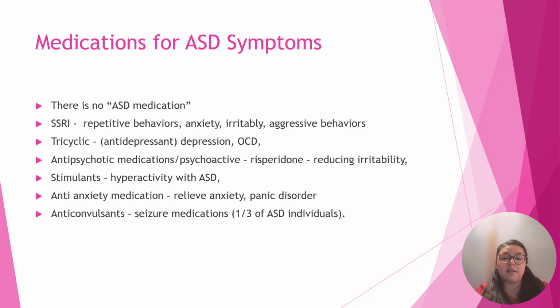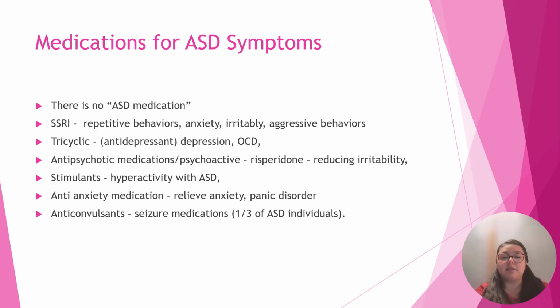Medications for autism spectrum disorder are more for the symptoms. There's not an ASD medication like there are known ADHD medications. For example, an SSRI might be helpful for repetitive behaviors, anxiety, irritability. Tricyclic, I think I'm going to say that wrong, is an antidepressant used mainly for depression and OCD.